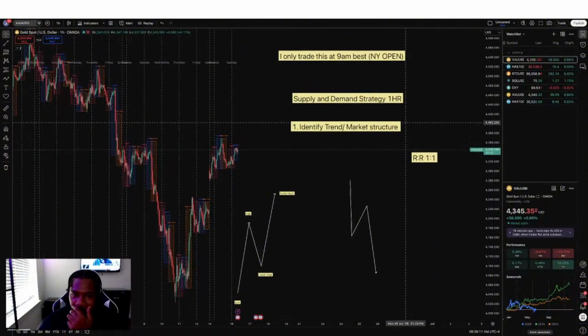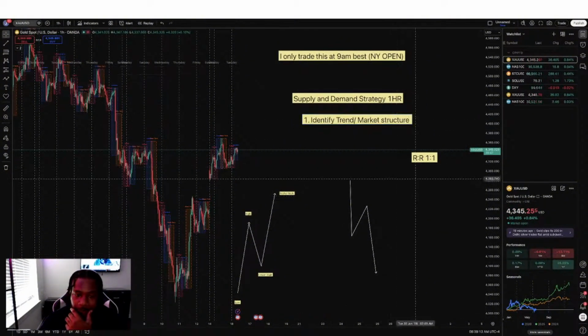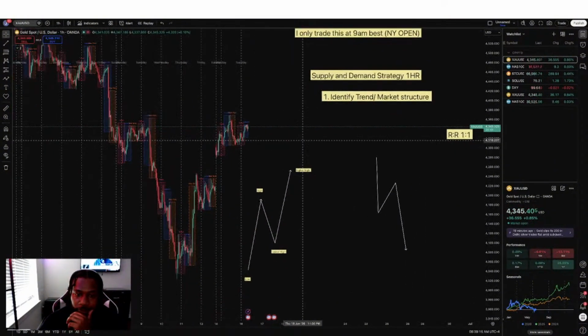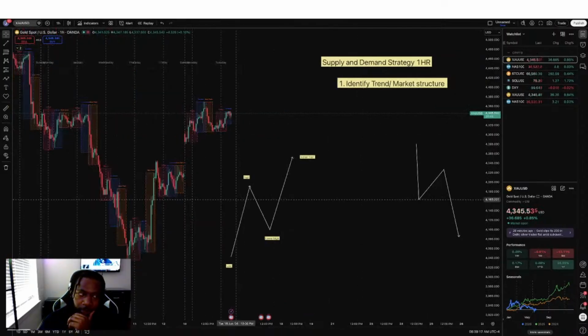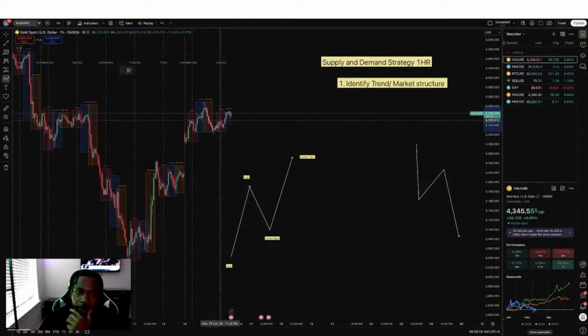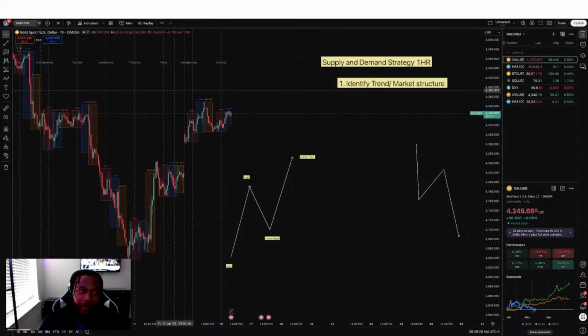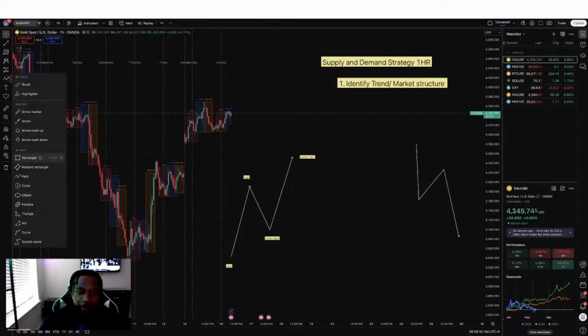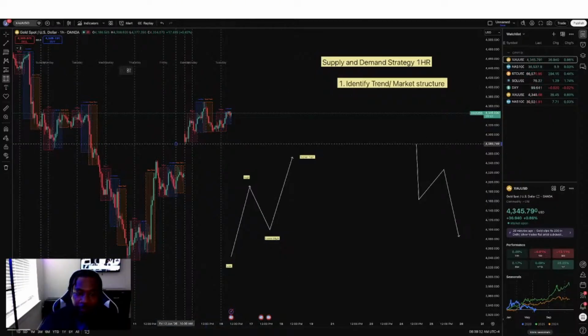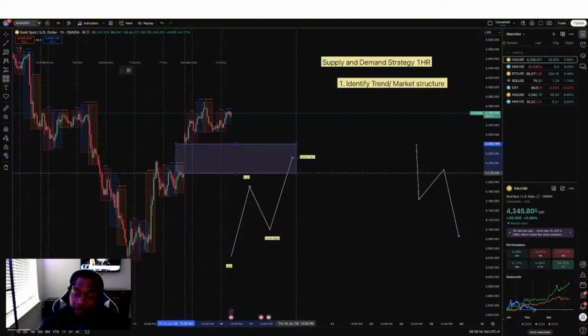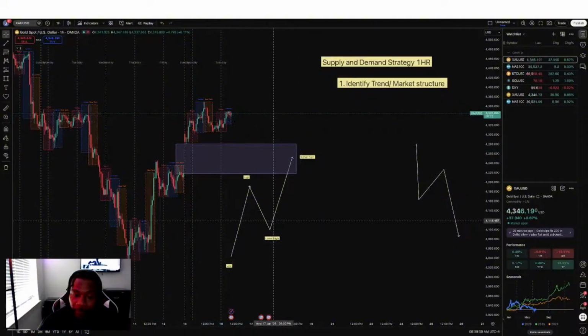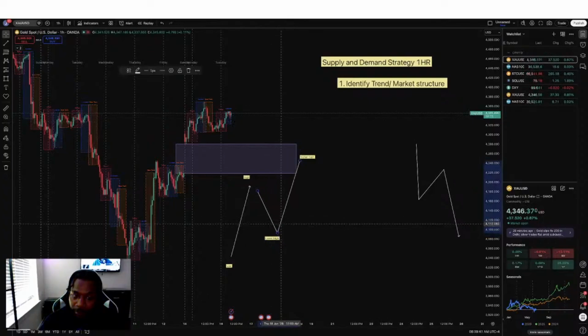All right, so the first step, you want to identify the trend market structure. So right now, to me, it looks like the market is going bullish, which means going up. But the thing is, like I said before, we do have this gap. It doesn't have to fill in this gap today, tomorrow, but it's important to see that.